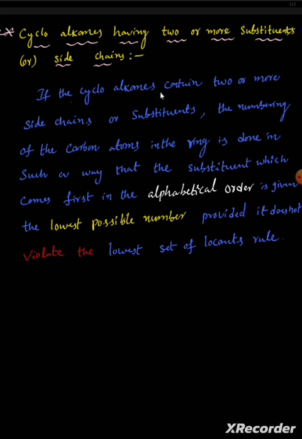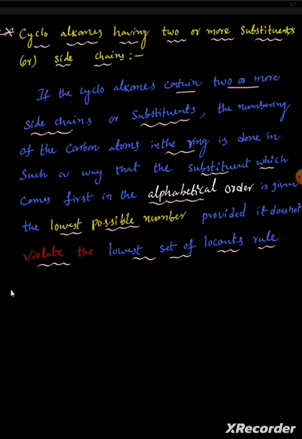If the cycloalkane contains 2 or more side chains or substituents, the numbering of the carbon atoms in the ring is done in such a way that the substituent which comes first in alphabetical order is given the lowest possible number, provided it does not violate the lowest set of locants rule.